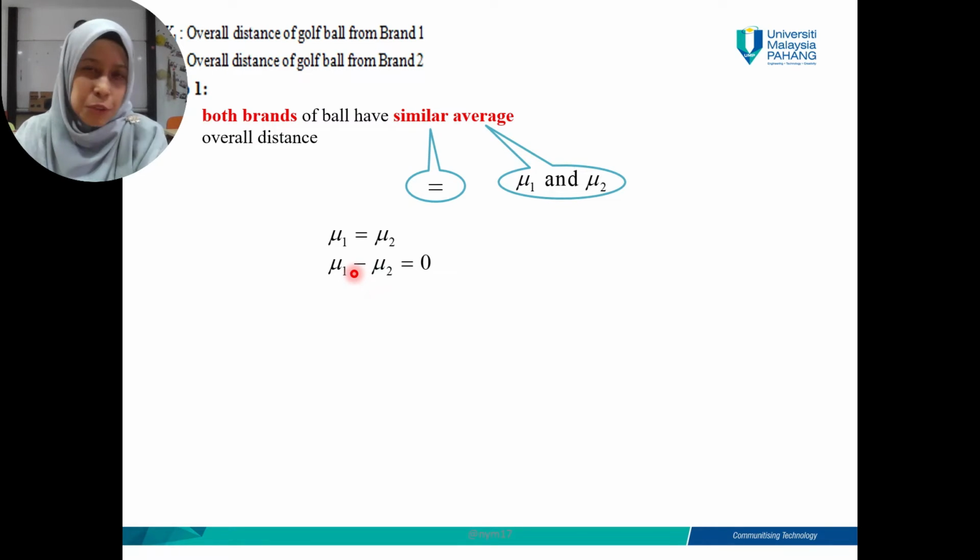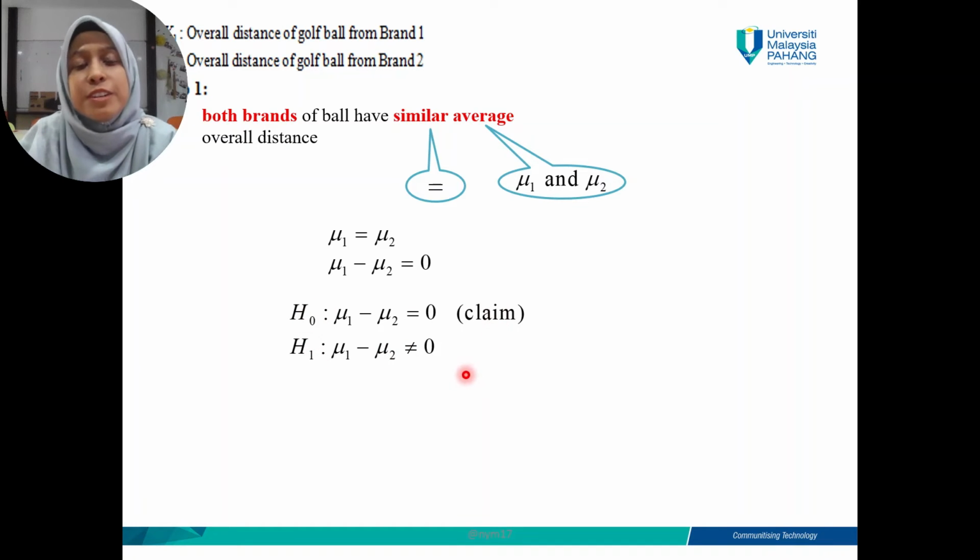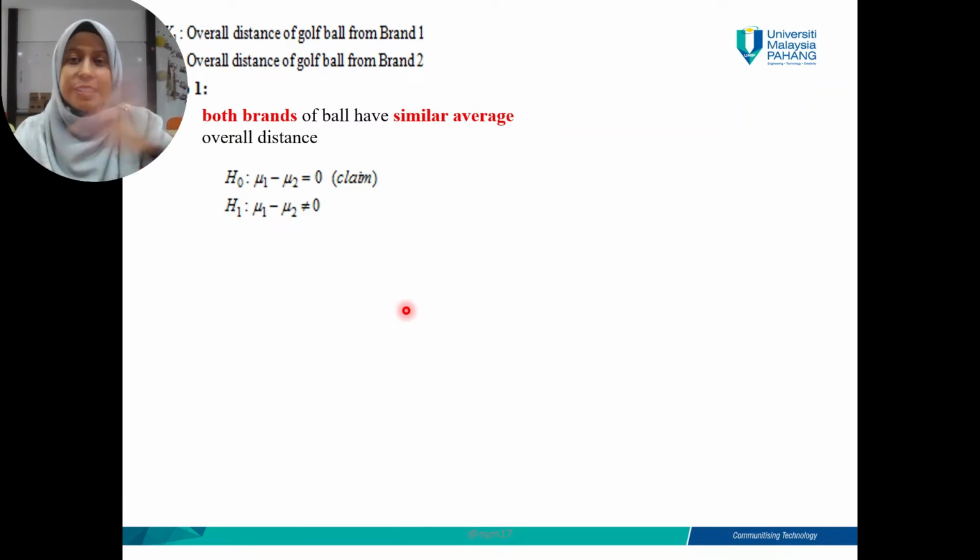Some of you might have memorized that table already. So the answer is H null. This statement will go to H null, and you can construct the other statement, H1, which is exactly the same but uses a not equal sign. So this is your first step, class. The first step is done.